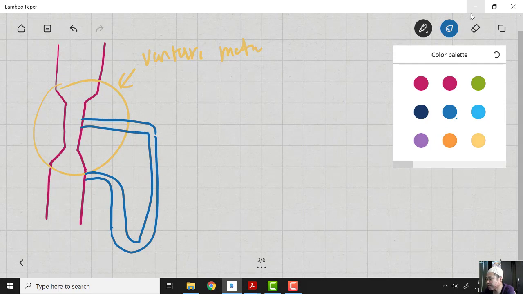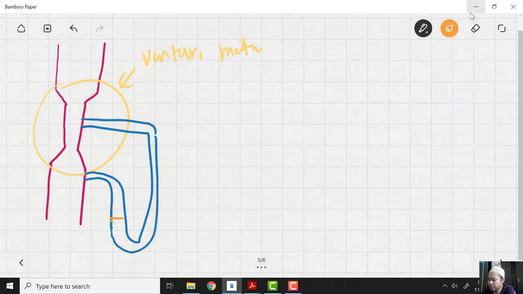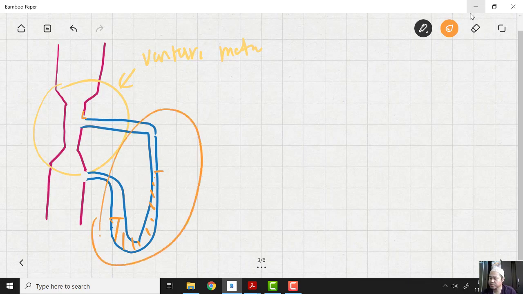Inside the manometer we have manometric fluid. We have this kind of arrangement, and we have a hole here. This is the Venturi meter, and this is the manometer.